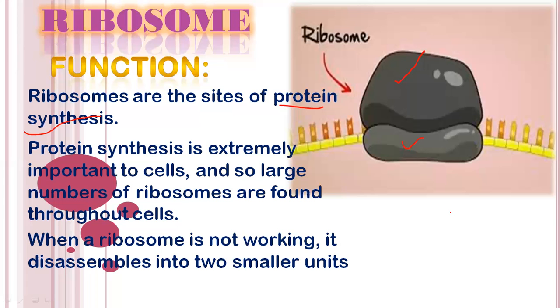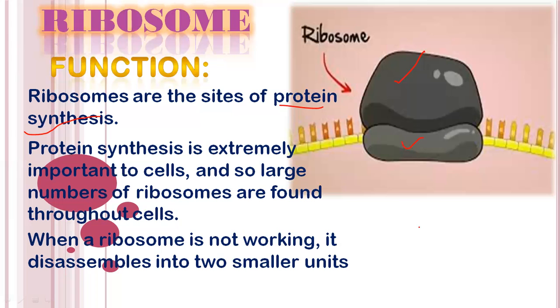We have studied the fluid mosaic model. In that, you have seen that the cell membrane is embedded with different types of proteins which act as the gates, or the carriers of some molecules from outside to inside, inside to outside. So those proteins are also required. They are structural also.